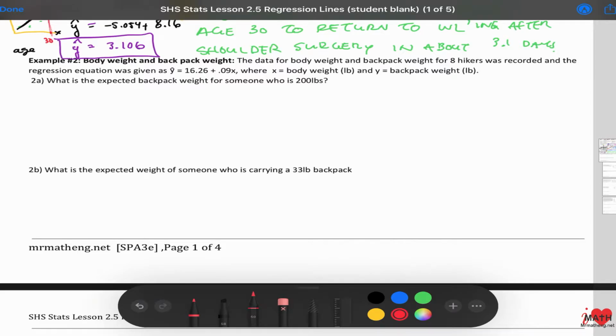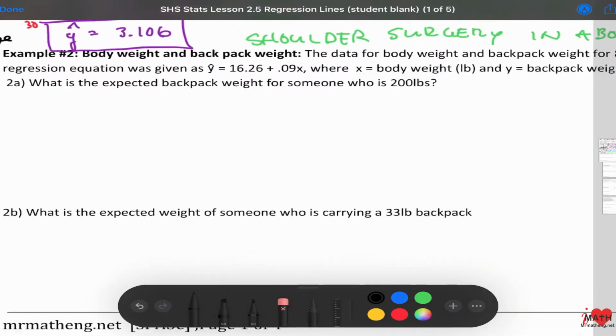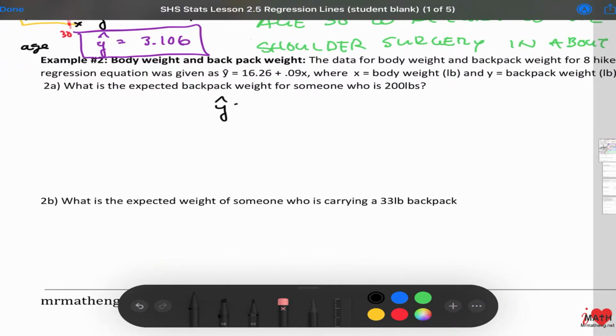All right, what is the expected backpack weight for someone who is 200 pounds? So I'm going to write the equation again. Well, you're going to do it for both. Okay, color coding, this is where it helps, right? X is body weight. So for question 2A, what is the expected backpack weight?